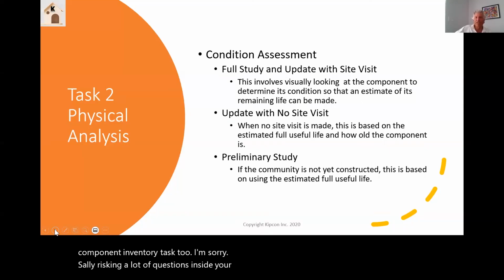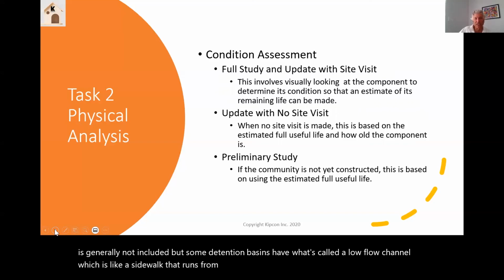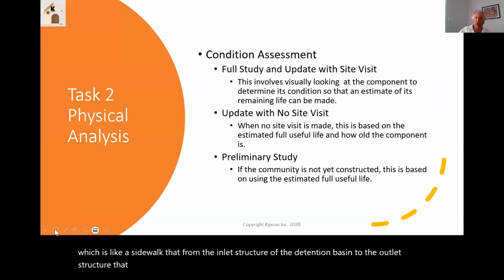Well, it depends. I mean, the detention basin itself is generally not included, but some detention basins have what's called a low flow channel, which is like a sidewalk that runs from the inlet structure of the detention basin to the outlet structure of the detention basin. Sidewalks are included typically on a reserve study with a useful life of 30 years.